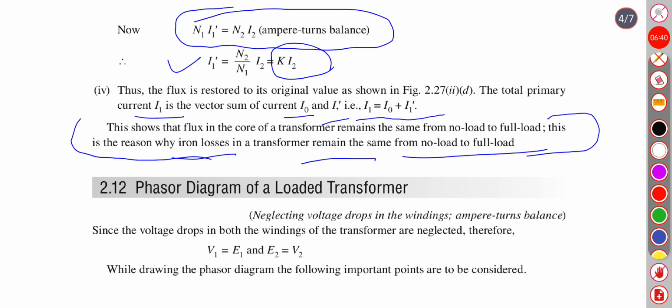Now we will see the phasor diagram of a loaded transformer. Here we are neglecting voltage drop in the windings. Since the voltage drops in both windings of the transformer are neglected, V1 equals E1, where E1 is the induced EMF in the primary winding, and E2 equals V2, the secondary EMF. While drawing the phasor diagram, the following important points are to be considered.